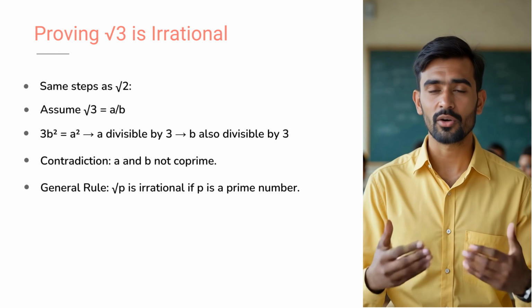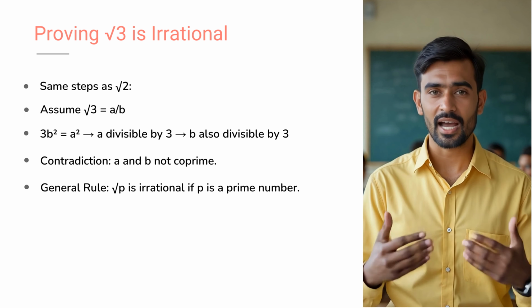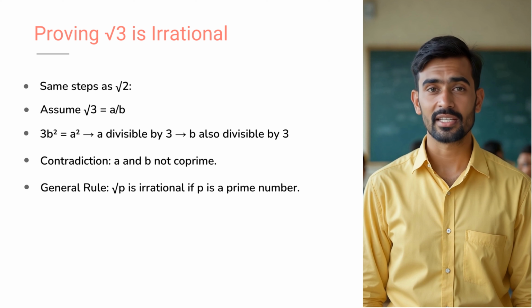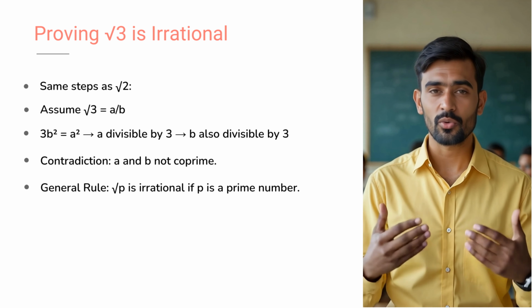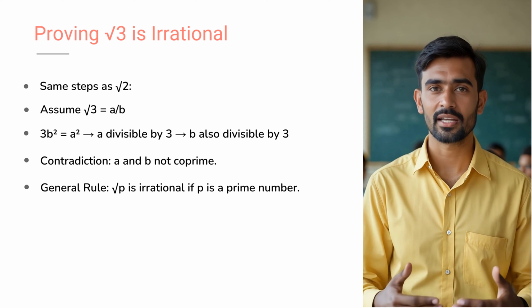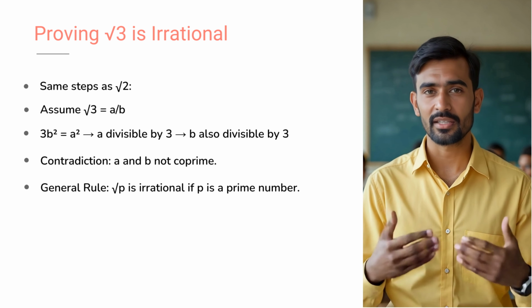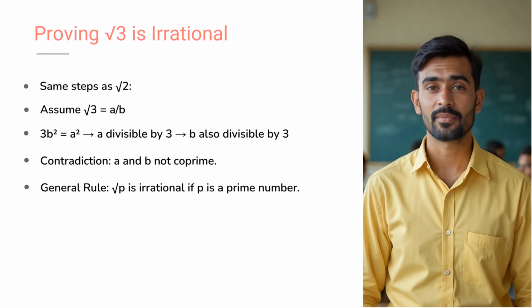The same logic can be used to prove that square root of 3 is irrational too. Let's assume square root of 3 equals a divided by b, where a and b are coprime integers. Squaring both sides gives 3 equals a squared divided by b squared, or 3b squared equals a squared. This implies a squared is divisible by 3, so a is divisible by 3. Let a equal 3c.